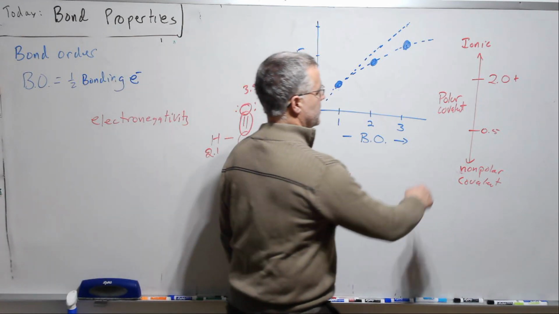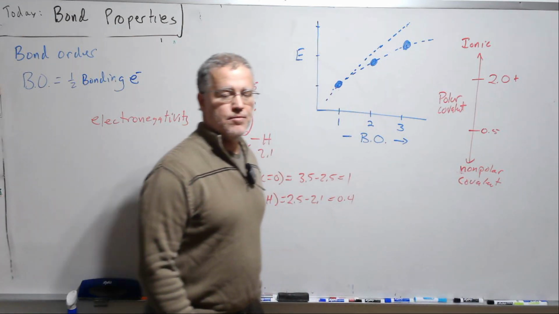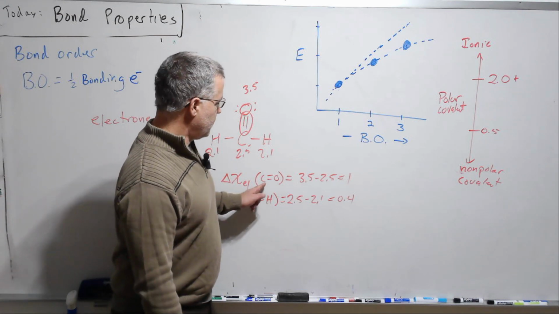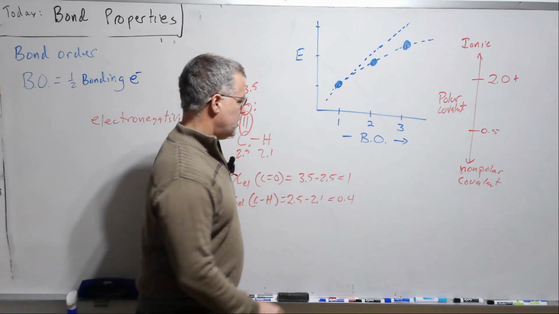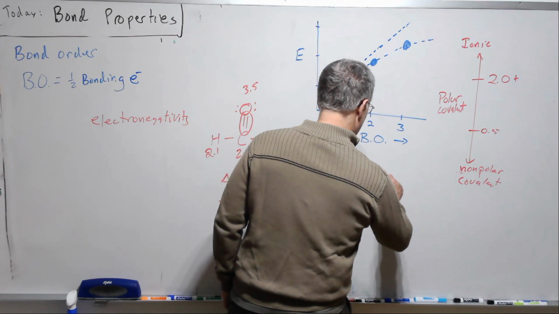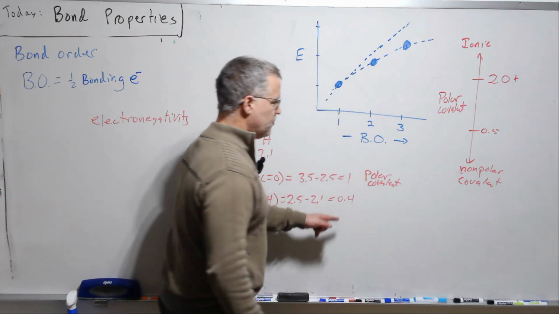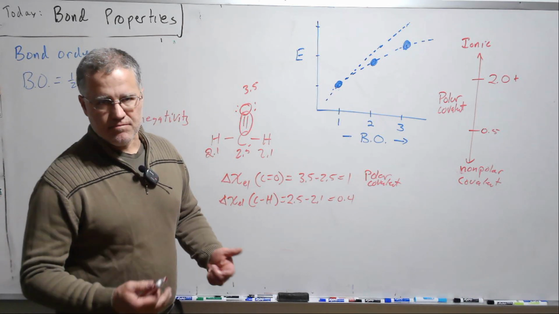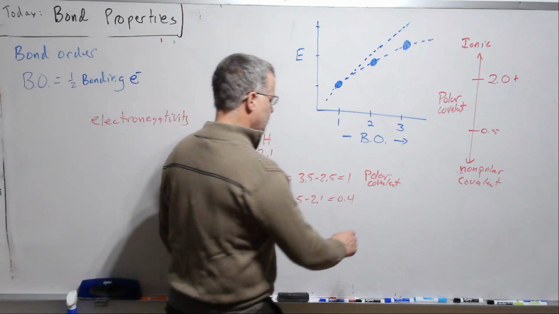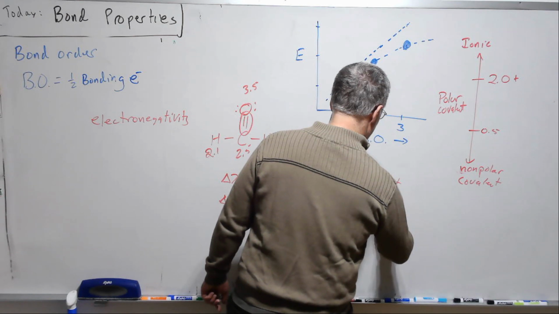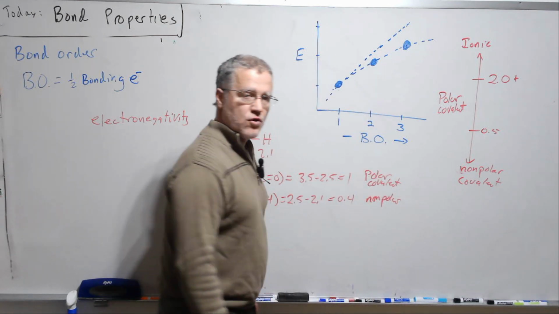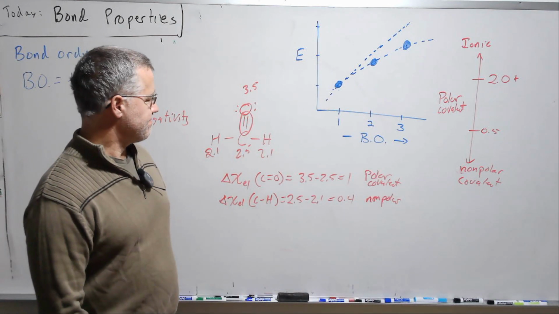And then everything in between will be a polar covalent bond. So we would recognize this as being 1, polar covalent. This is 0.4. With this rule of thumb, we would call this nonpolar. But of course, it's slightly polar, right?